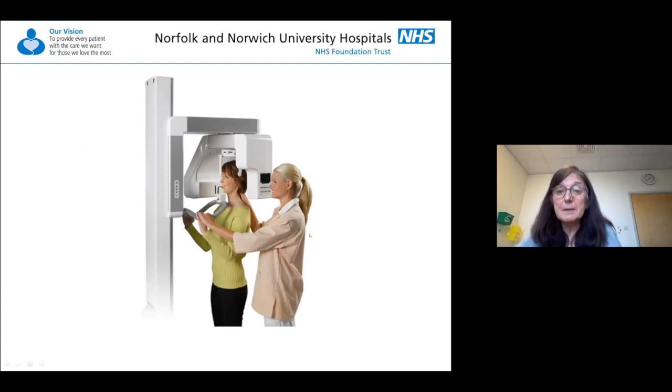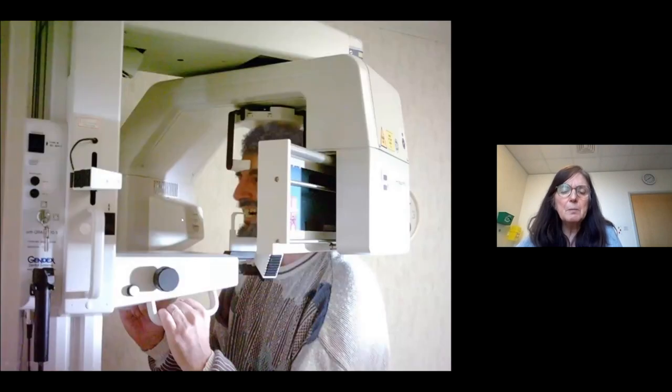So a lot of dental practices have these machines. They're really quite small and very easy to use. You can see the patient positioned in this one. If I move on, you can see a bit more detail. So patients typically stand up in the machine and the gantry rotates around them. They can hold on here to these hand supports.